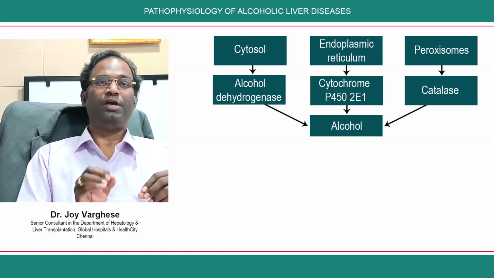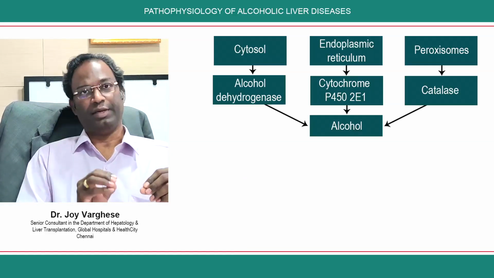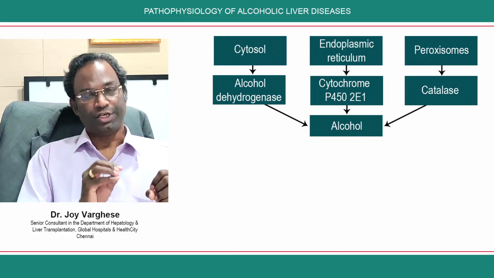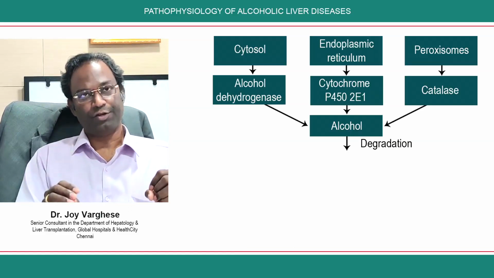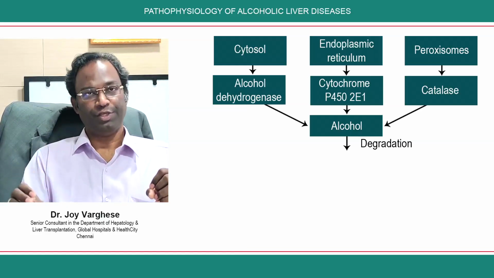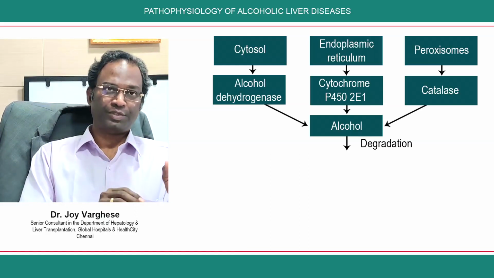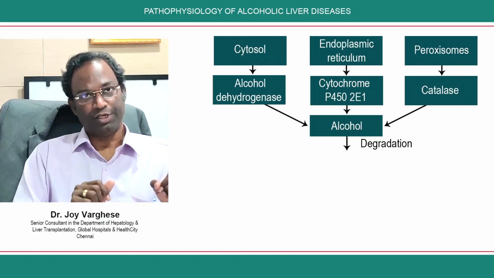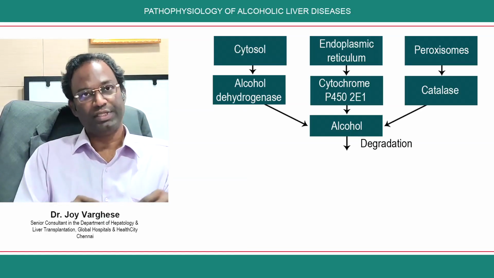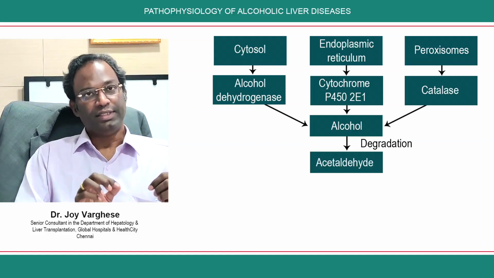So once alcohol molecules enter the hepatocytes, the cytosolic alcohol dehydrogenase, the endoplasmic reticulum cytochrome P450-2E1, and the peroxisome enzyme catalase all play a role in metabolism. This produces acetaldehyde, which is a toxin.